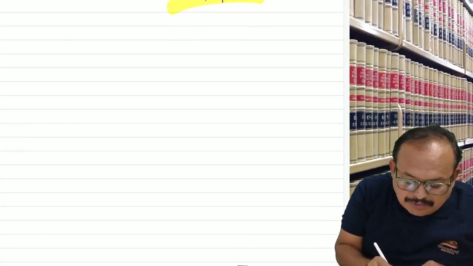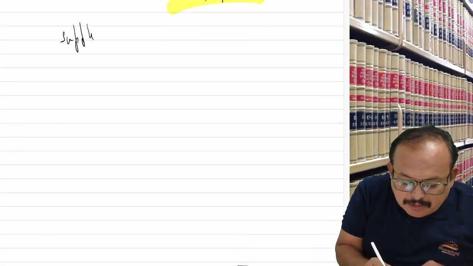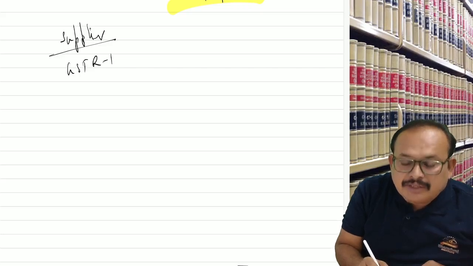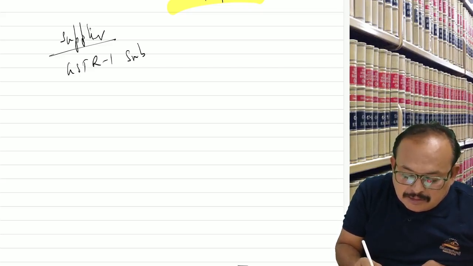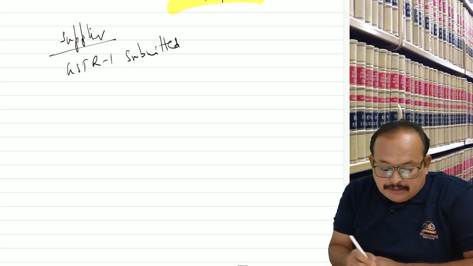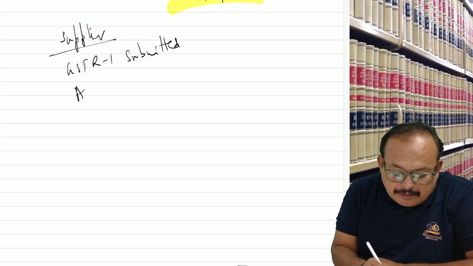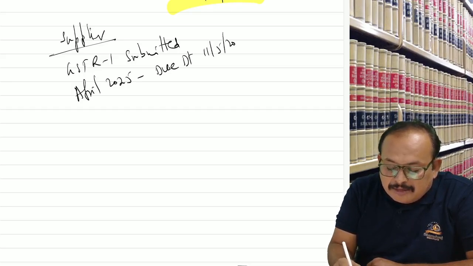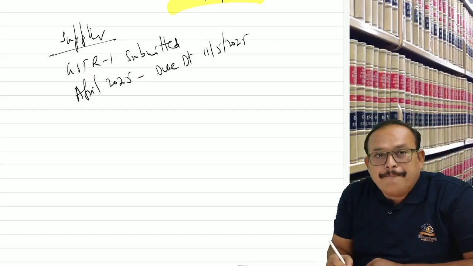Now, when the supplier's GSTR 1 is submitted for the period April 2025, due date 11th May 2025, is that clear?